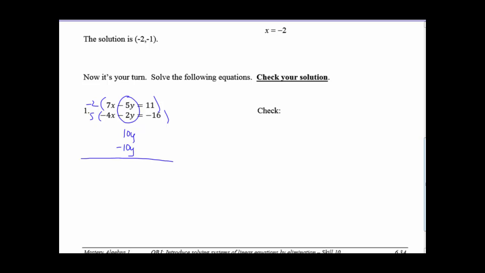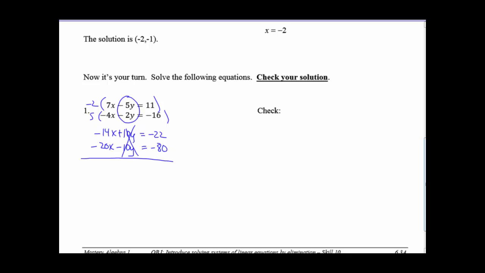Okay. So we'll get, by distributing the negative 2, negative 14x plus 10y is equal to negative 22. And then when we distribute the 5, we're going to get negative 20x minus 10y is equal to negative 80. Again, by doing that, these 10y's are going to cancel.